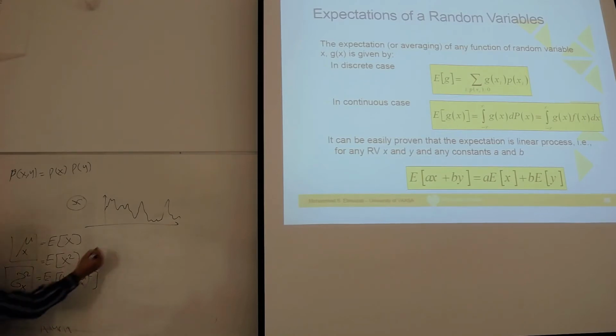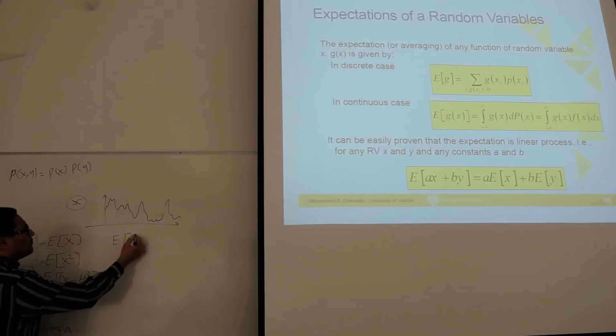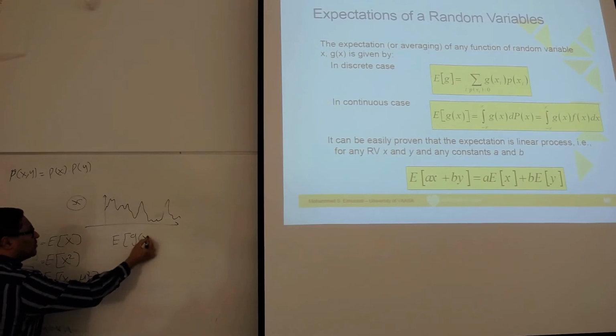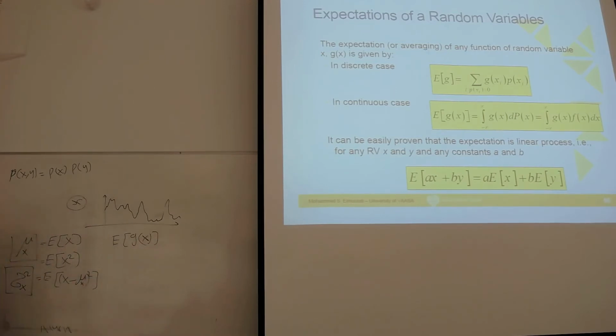In general, the expected value of any function of the random variable gives you the average of that function over that random variable. So the expected value is very important in order to study uncertainties or any uncertain processes.